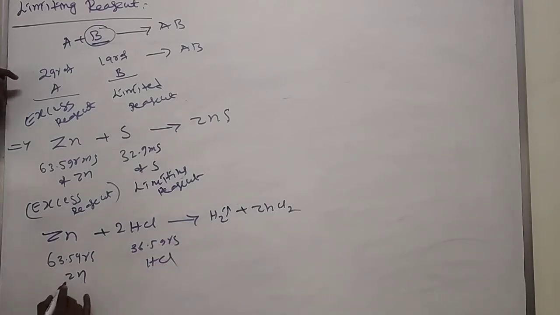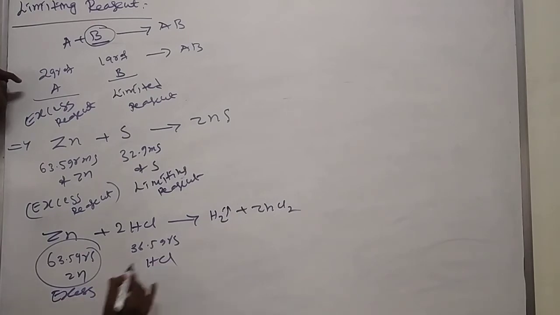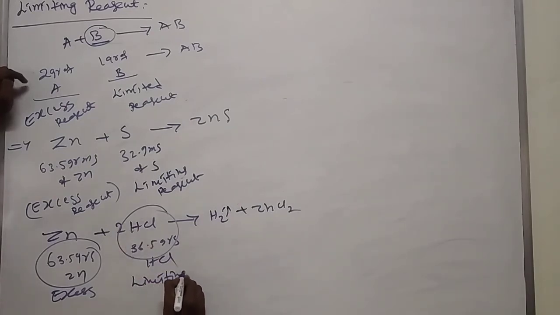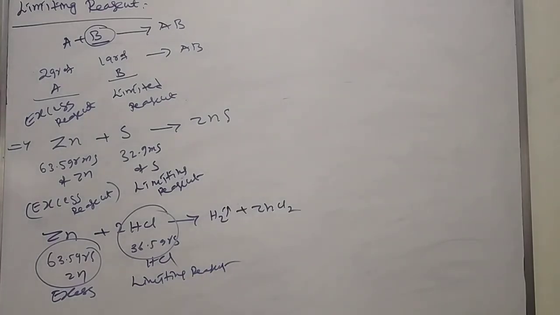The remaining is there, so zinc is the excess reagent. Hydrochloric acid is completely involved in the reaction, so we call it the limiting reagent. This is about the limiting reagent and stoichiometric calculations.